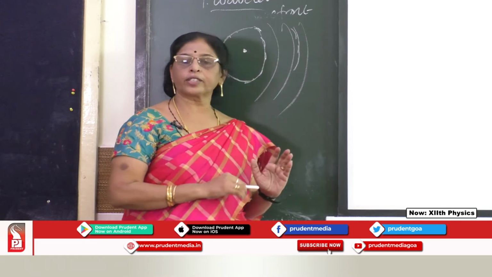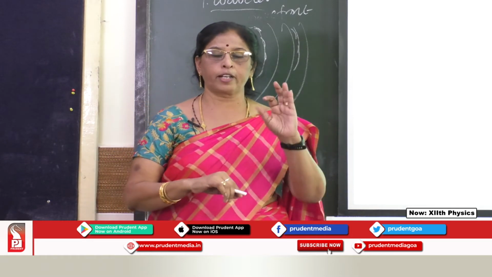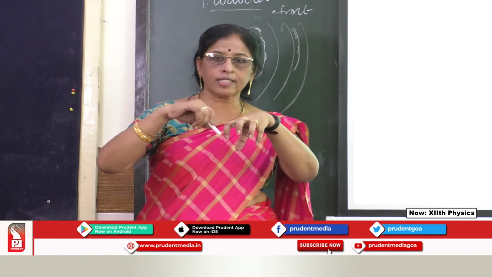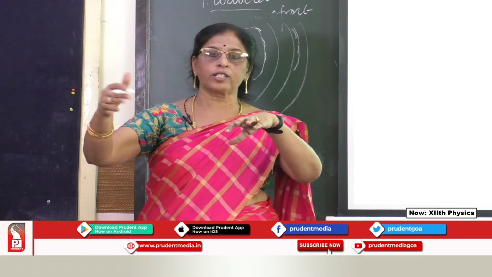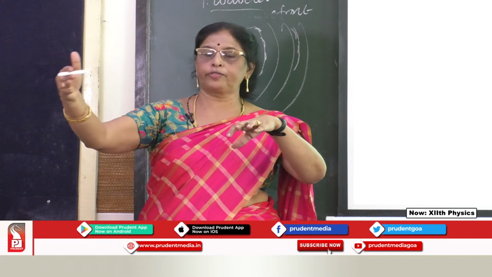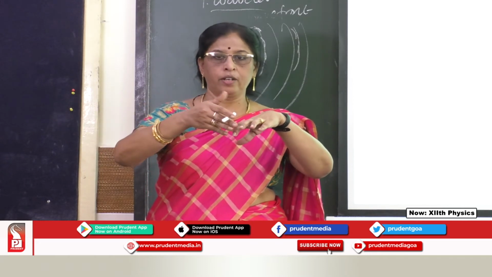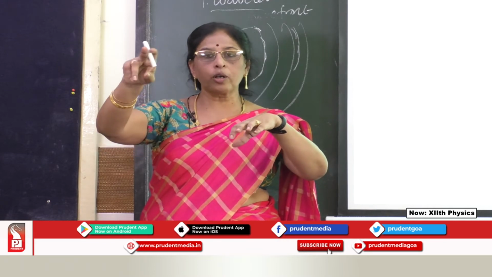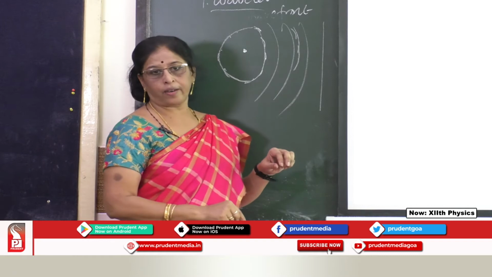Even when water is disturbed by a stone, close by you can see a nice circle coming out. But when you move to the second, third, fourth circle, at a distance from the disturbance, you cannot make out a circle. You can see only a part of a wave.